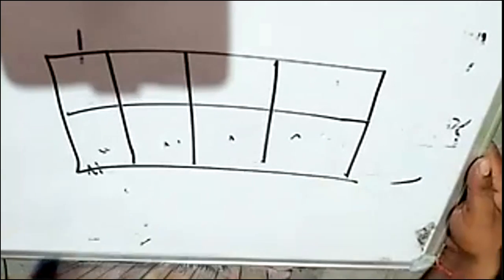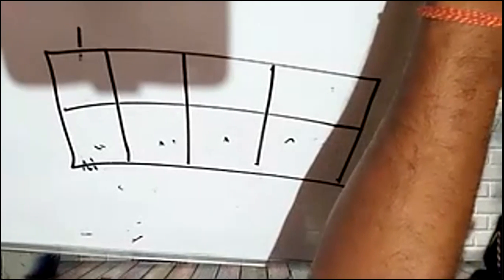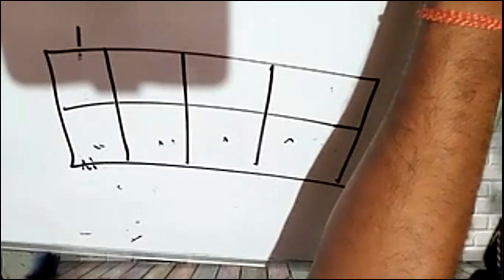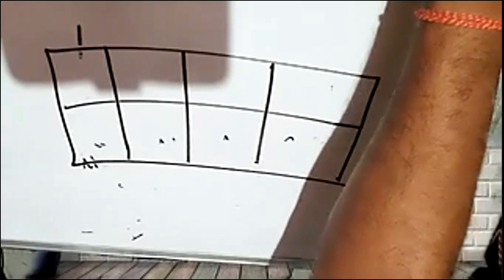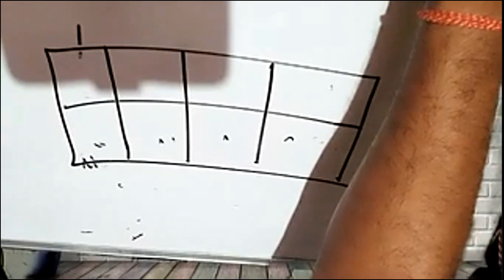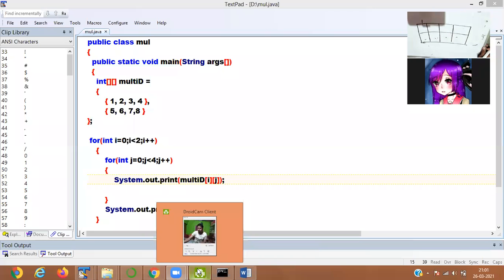So 4 positions I have defined here. So see what the program actually is. The program is saying 1, 2, 3, 4. So here I store 1, 2, 3, 4, 5, 6, 7, 8.